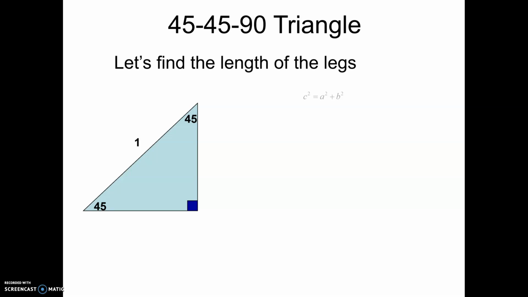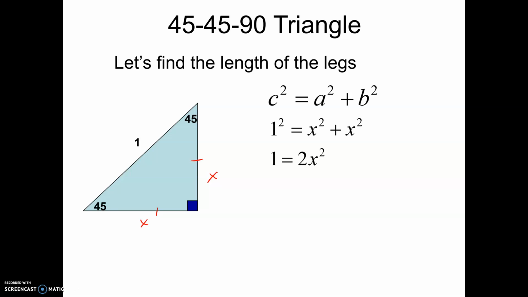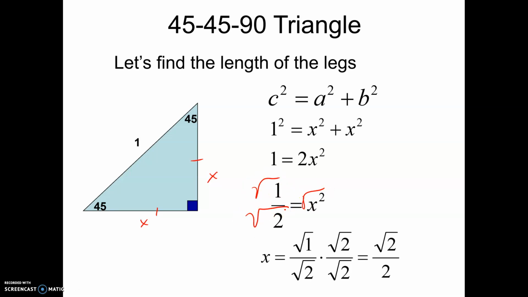Okay, so here we go. I'm going to use the Pythagorean theorem again. I call these both x because they're congruent. I could have easily called them whatever dummy variable I want, a, b, whatever. But anyway, the point is x squared plus x squared gives me 2x squared. And then I divide by 2, and I have x squared is equal to a half. Well, the way to get rid of that square is to square root both sides.